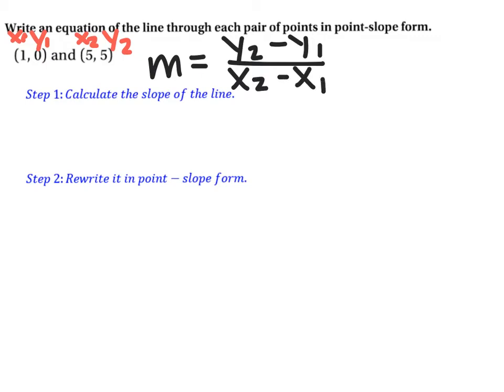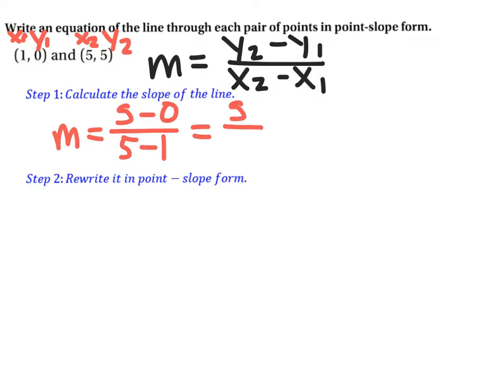So if I do that, I have my slope is 5 minus 0 over 5 minus 1. If I simplify, I'm going to have 5 over 4, and that's my slope of the equation.